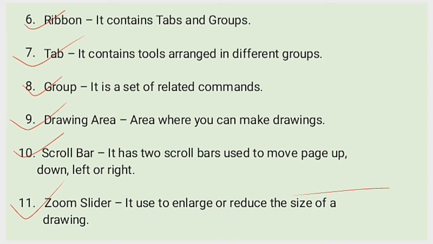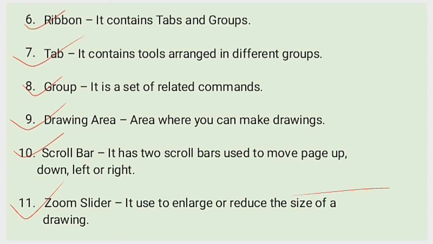But here in this paint window there is a scroll bar which is used to move the page up and down as well as left and right. Next is zoom slider. It is used to enlarge, meaning to expand the drawing, or to reduce, meaning to shorten or minimize the size of the drawing.